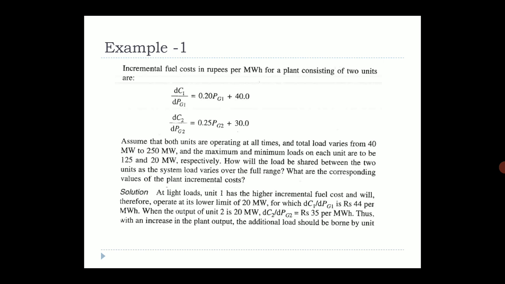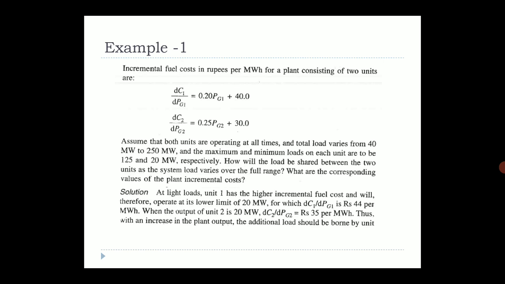Generator 1 will operate at 20 megawatt, for which the incremental cost would be 44 per megawatt hour. Since generator 1 is using 20, generator 2 also will have to output 20, because the total should be equal to 40. With 20 for generator 2, the incremental cost comes to be 35.